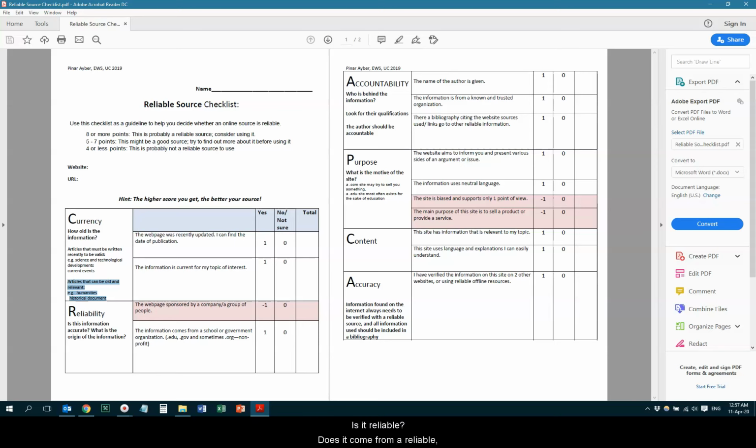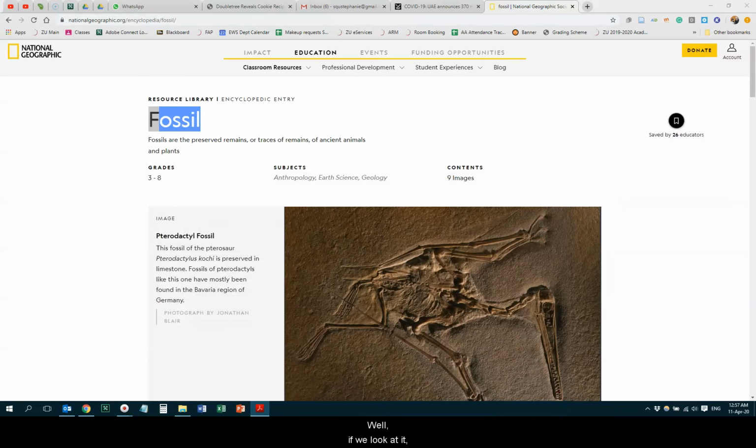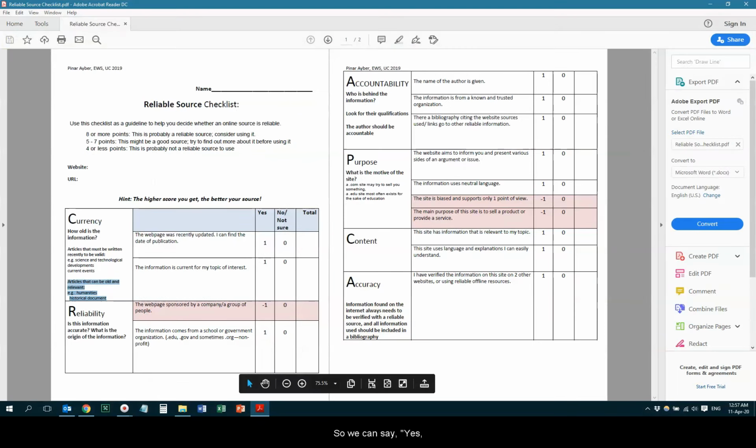Does it come from a reliable, trusted source? Well, if we look at it, we see that it comes from National Geographic. National Geographic is an educational source. They serve to provide educational information through various forms. So we can say, yes, it is a trusted organization. We don't have an author, but encyclopedias don't typically give an author's name. But the organization is trusted.